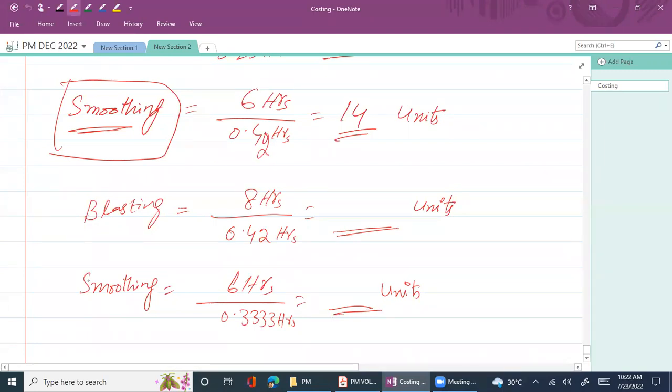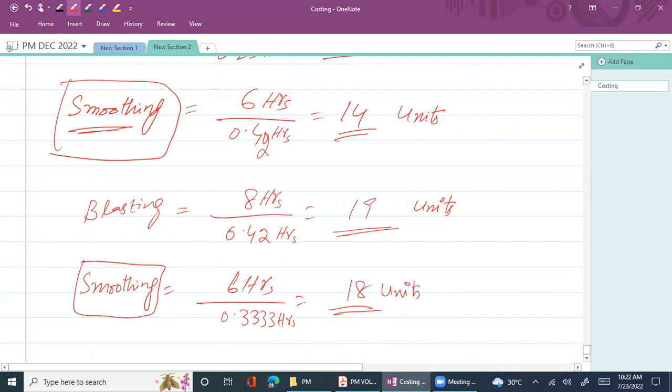Blasting 19 units. Sorry? Blasting it's 19. 19, okay. And smoothing it's 18. 18. Yes, our decision is again endorsed that the smoothing will be the binding constraint.